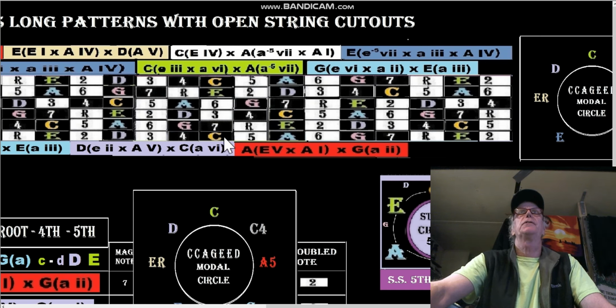4, 5, 6. The fifth of C is G, but we're not concerned with that string shape. This is pattern fitting. We're going to take it a caged letter over. Guess what? You go over one caged letter in string shapes, you're going from a fifth to a fourth. So it goes to its fifth, but because of shape fitting to keep it in the box, it goes to a fourth.